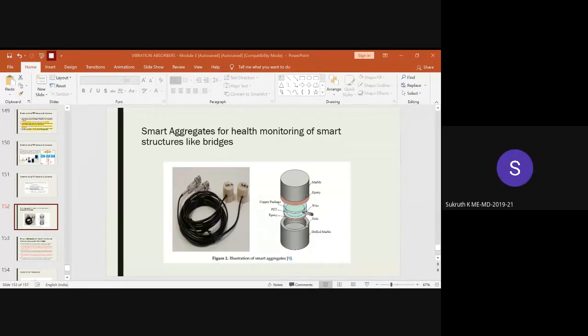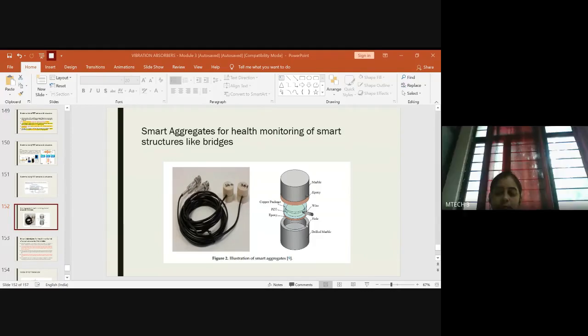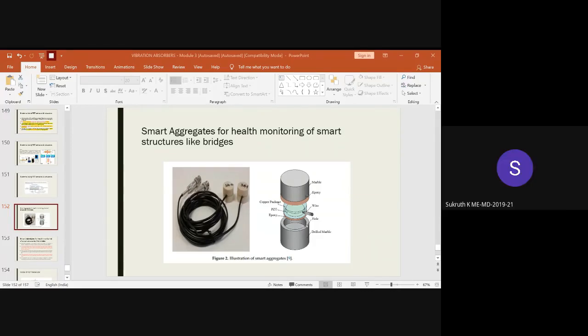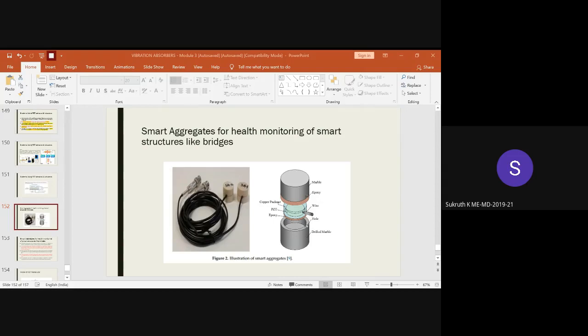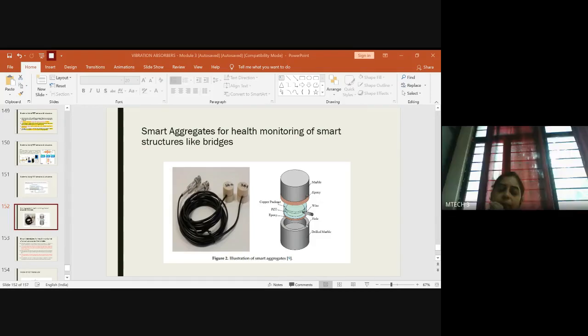Ma'am, systems using PZT sensors and actuators. The first paper was by Finfield, and the second one by Bronowicki. Bronowicki took the concept of smart materials from Finfield and developed it in 1994. And the concept of smart materials was developed by Finfield in 1990.